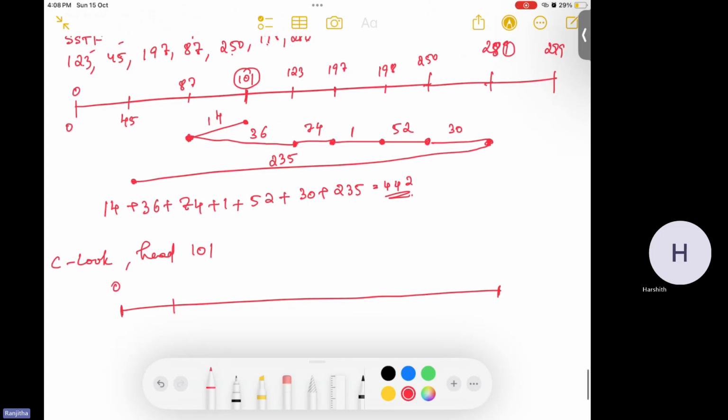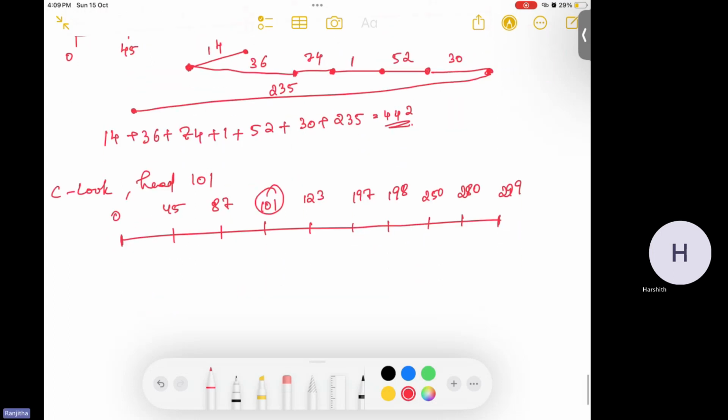0, 45, 87, 101, 123, 197, 198, 250, 280, 299.